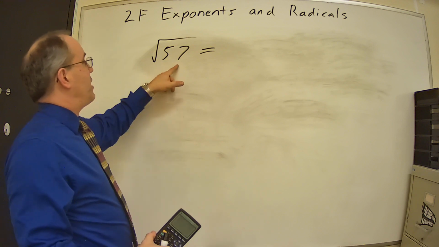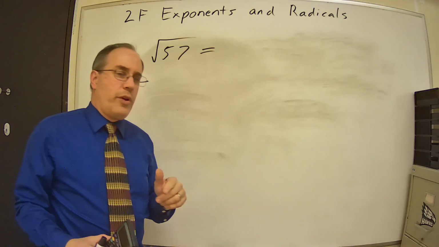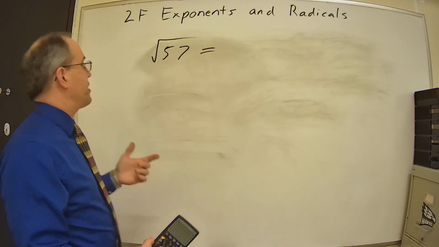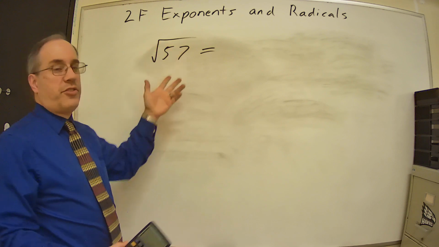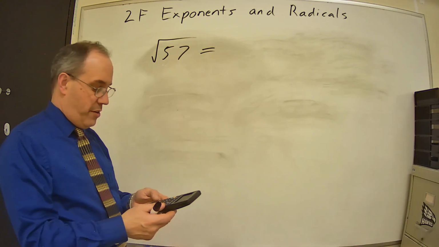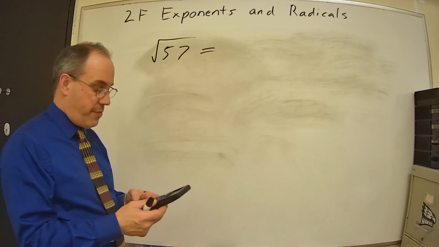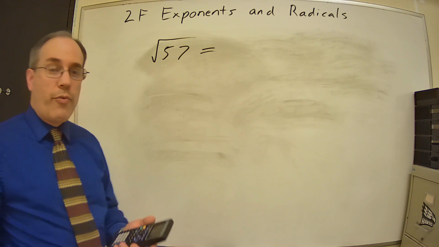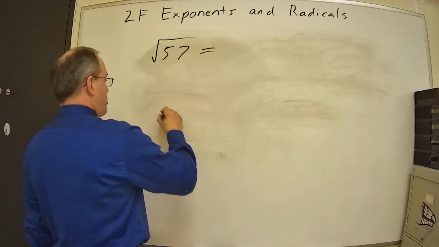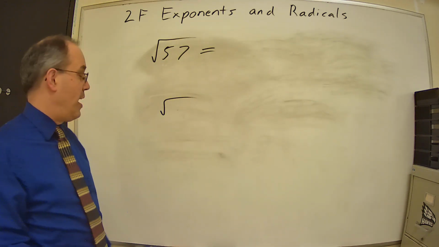Now I look at this and I can go, well, 7 squared is 49, 8 squared is 64, so I know this is going to be somewhere between 7 and 8. But let's plug it into the calculator and see. So I find my square root button, and depending on the type of calculator, it usually just has a square root symbol on it, so that makes it pretty easy to recognize.